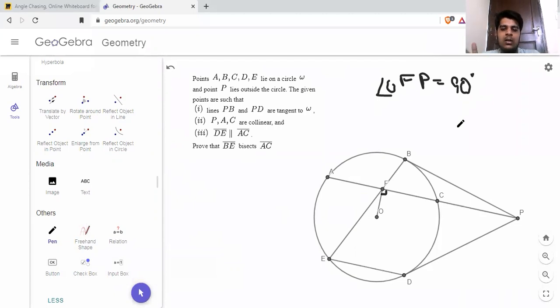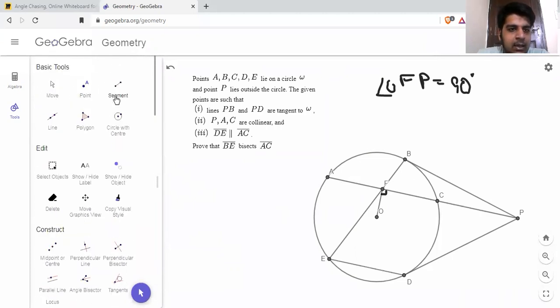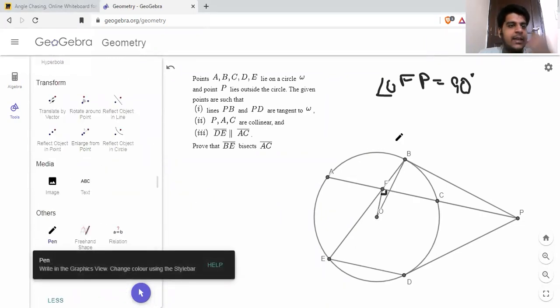So this is called seeing the solution backwards. Basically, what you have to prove, you assume it to be true, and then see what you can get from it, so as to reduce the stuff you have to do. Now notice that if angle OFP is 90 degrees, I also have angle OBP 90 degrees. Why? Because BP is tangent, right?